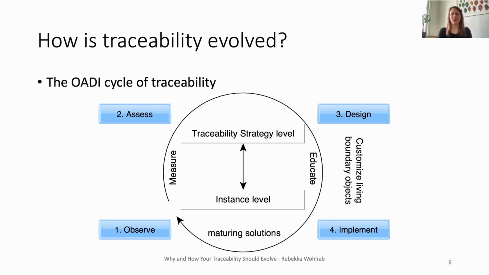We also saw that after about a year, this company arrived at a rather mature point, so the traceability strategy didn't have to be changed as much anymore. That is a common pattern that we saw also in related projects. And then new technology, organizational, and business needs require new iterations of the cycle and a readjustment of the traceability strategy.